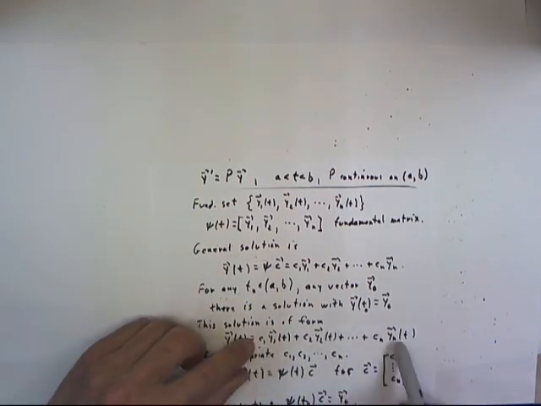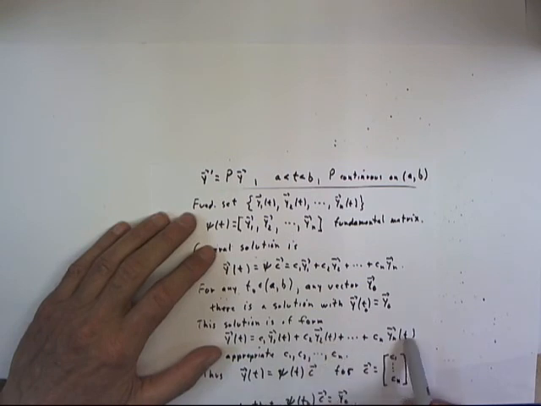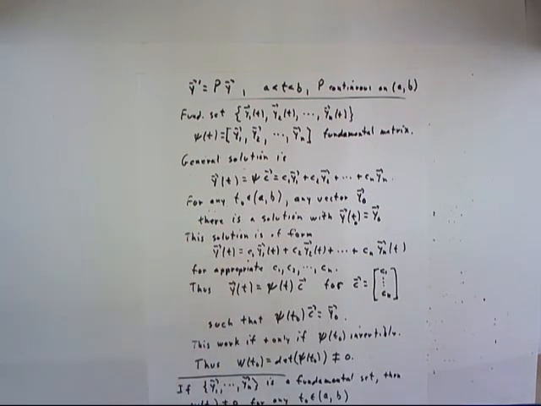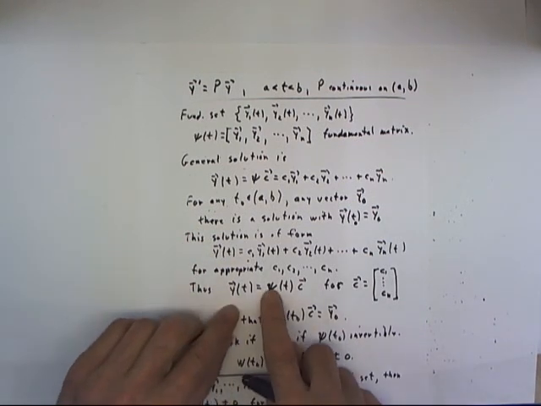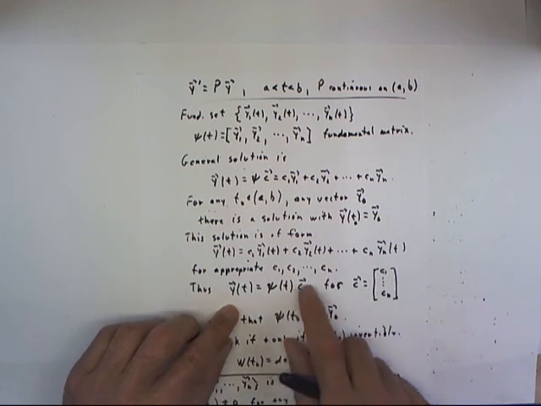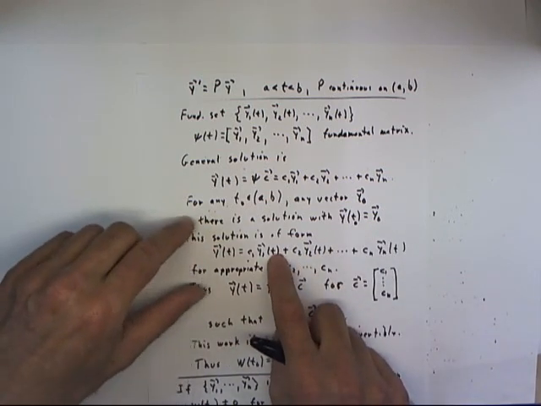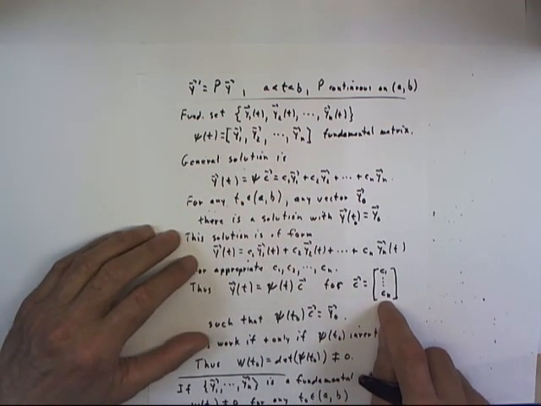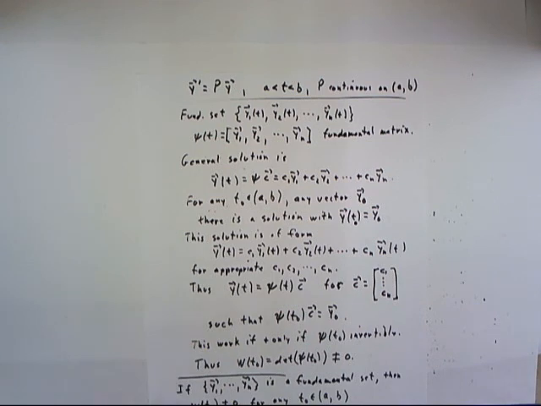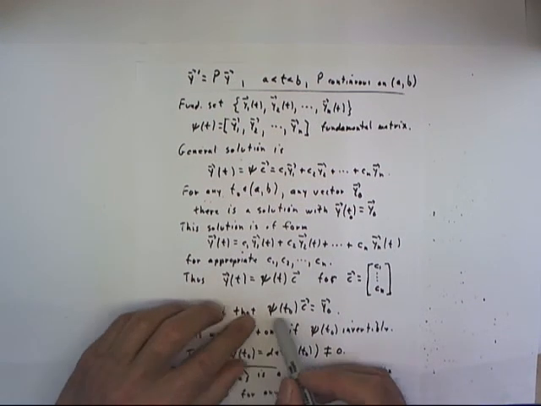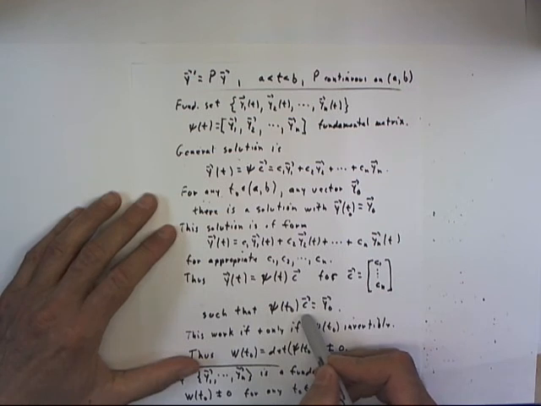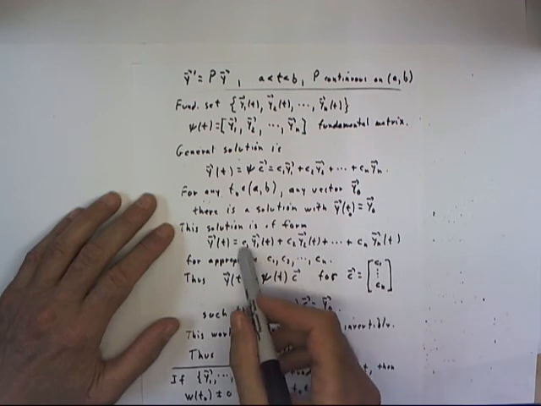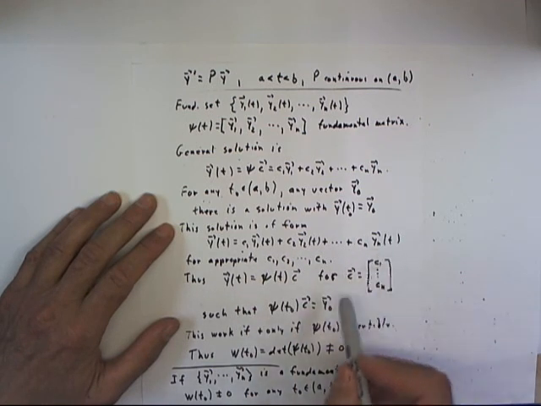Now the condition on this solution would be that if we plug t naught in, we do get the vector y naught. So since this vector that has to be equal to y naught when t equals t naught is of the form psi c for a c of this form, psi of t naught times c is going to have to equal y naught, because of course psi of t naught times c is just this evaluated for t equals t naught.